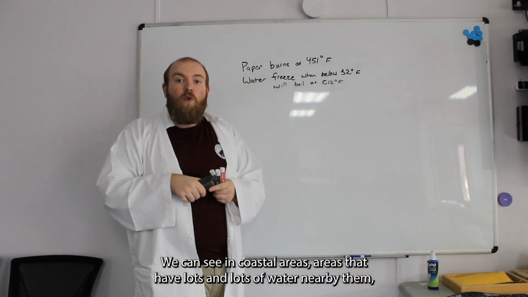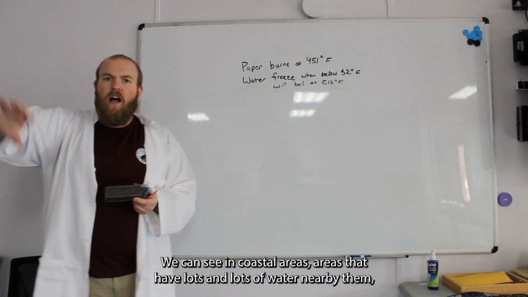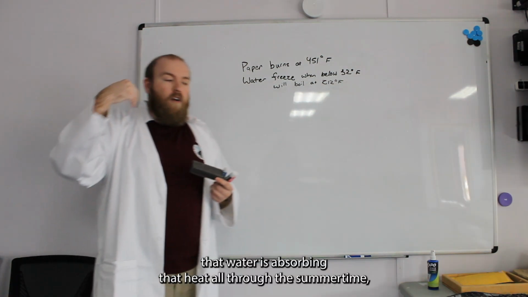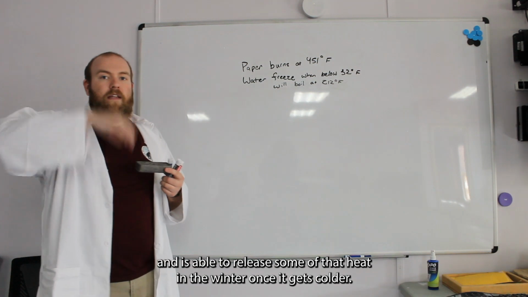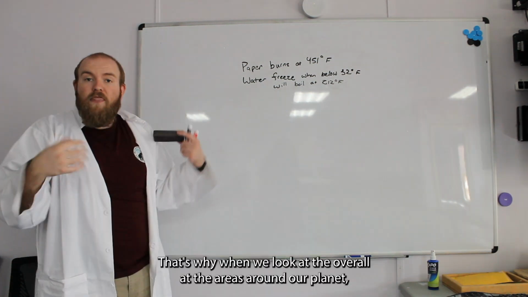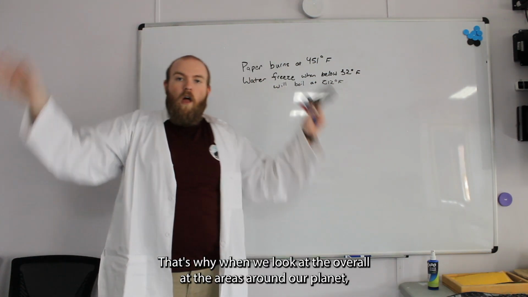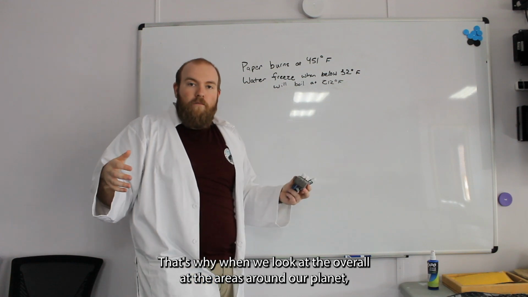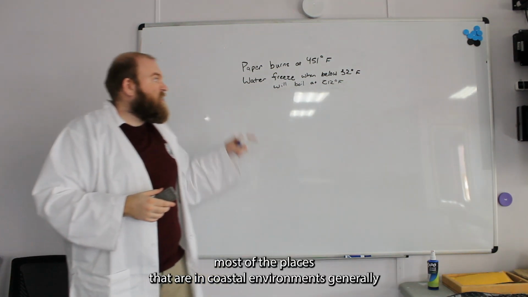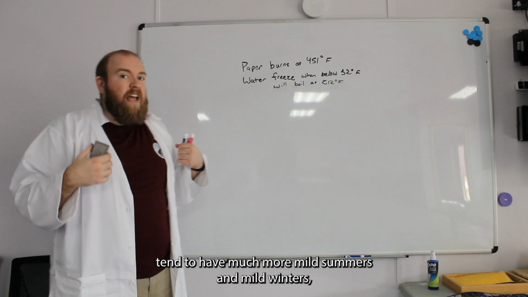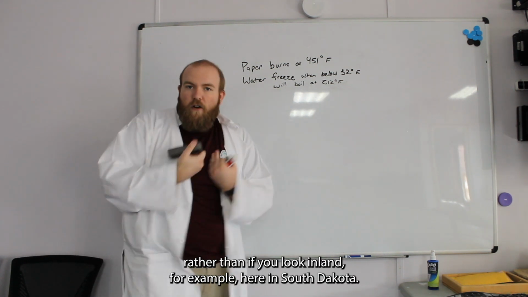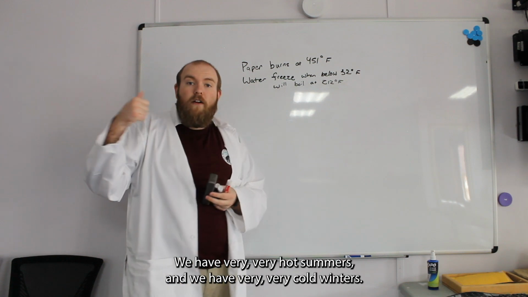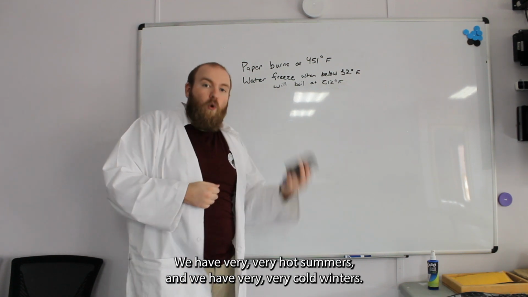We can see in coastal areas that have lots and lots of water nearby them, that water is absorbing that heat all through the summertime and is able to release some of that heat in the winter once it gets colder. That's why when we look at the areas around our planet, most of the places that are in coastal environments generally tend to have much more mild summers and mild winters, rather than if you look inland, for example, here in South Dakota, we have very, very hot summers and very, very cold winters.